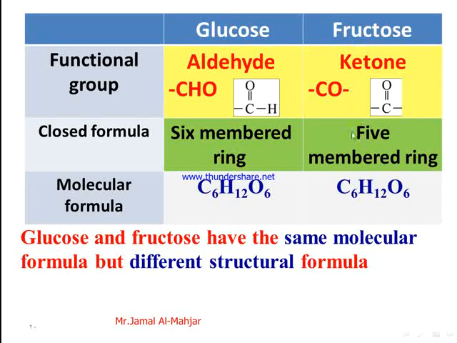In fructose we have a 5-membered ring. They have the same molecular formula, C6H12O6. The important point is that glucose and fructose have the same molecular formula but different structural formulas.